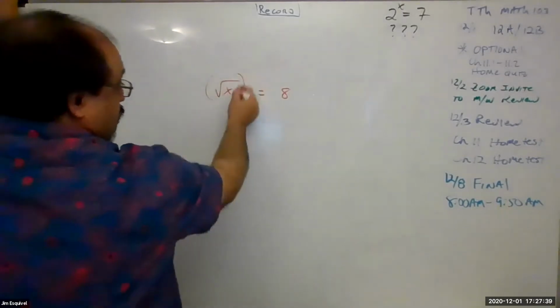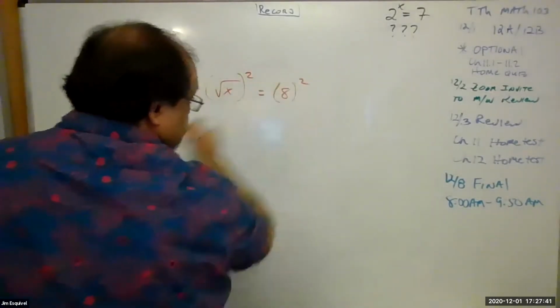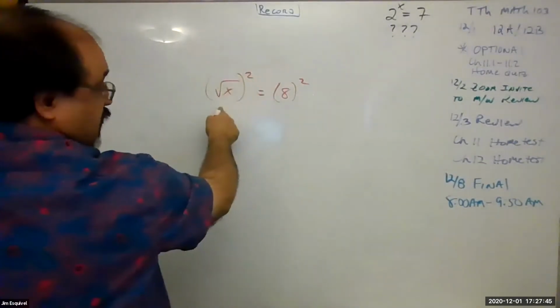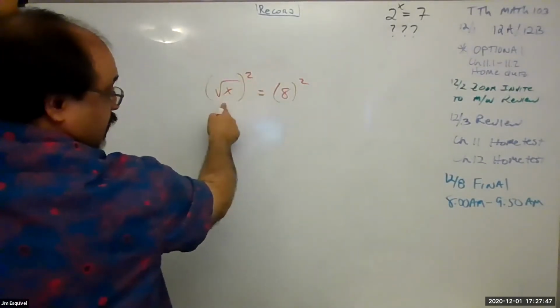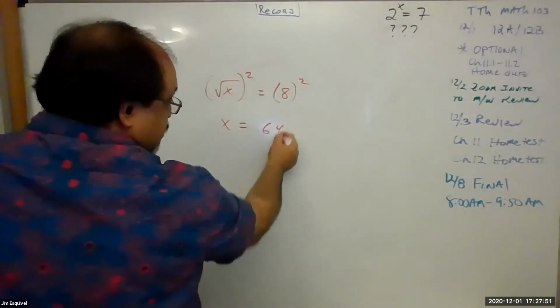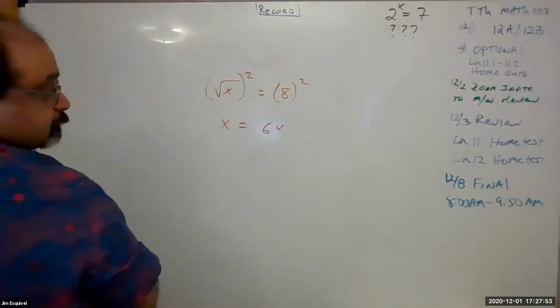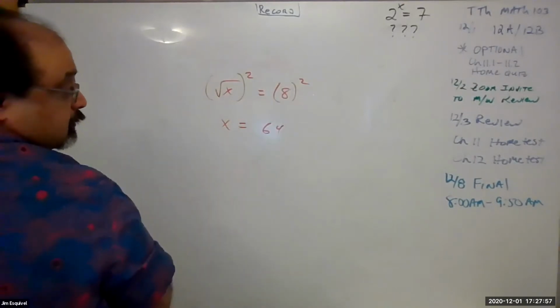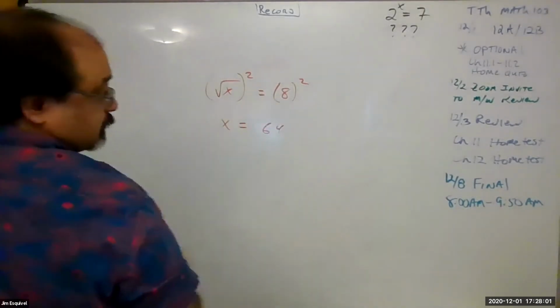You have to square both sides. By squaring both sides, that creates a perfect square here. That gives me the x. Over there, you get your 64. You just show the work. And then you make sure you check your answer.